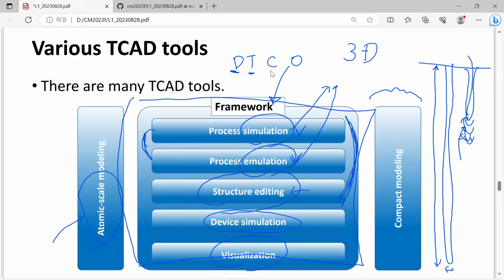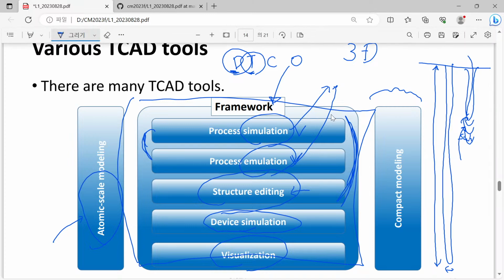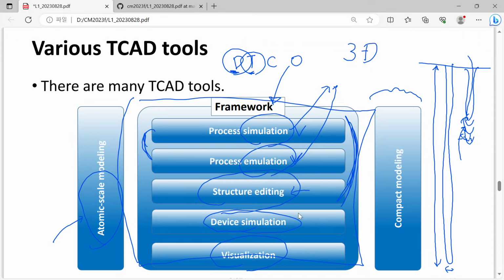Now the guys in fab or device engineers are not only considering technology, but at the same time also consider design. So eventually they want to provide better logical blocks to their customers. So not only this TCAD framework, but combined with these compact models, they want a larger system to optimize their logical subblocks.